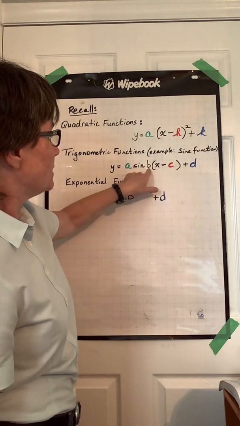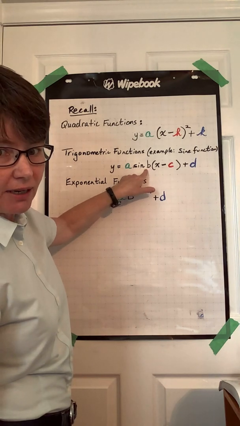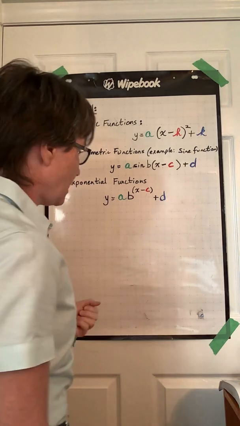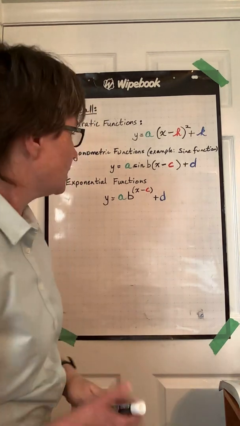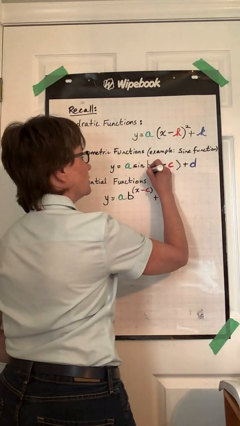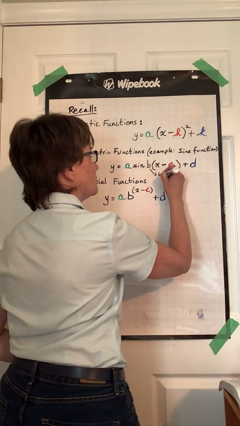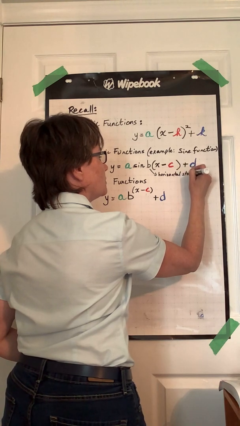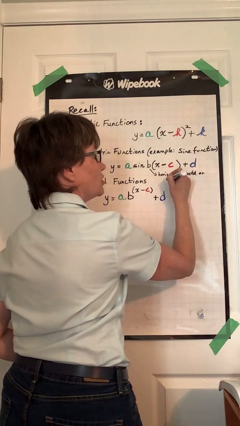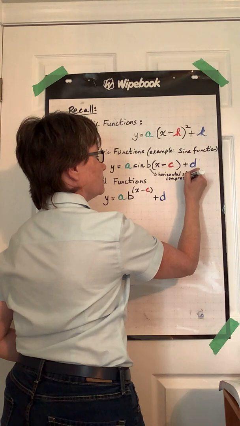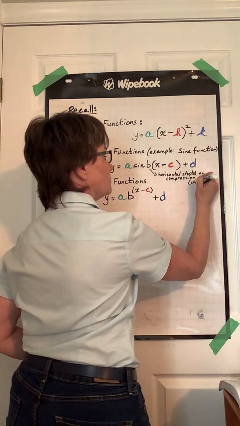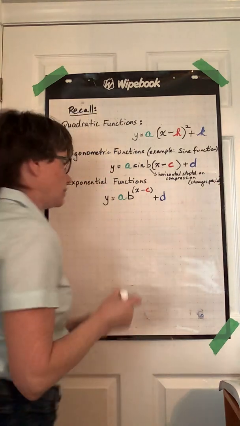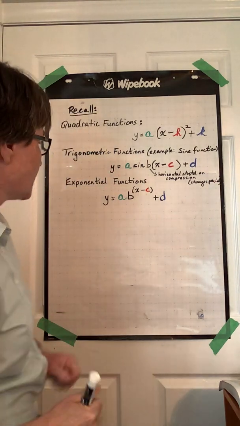The sine function has an extra little thing here, B, which is unique to that sine function, and in that case, it is the horizontal stretch or compression that changes the period.